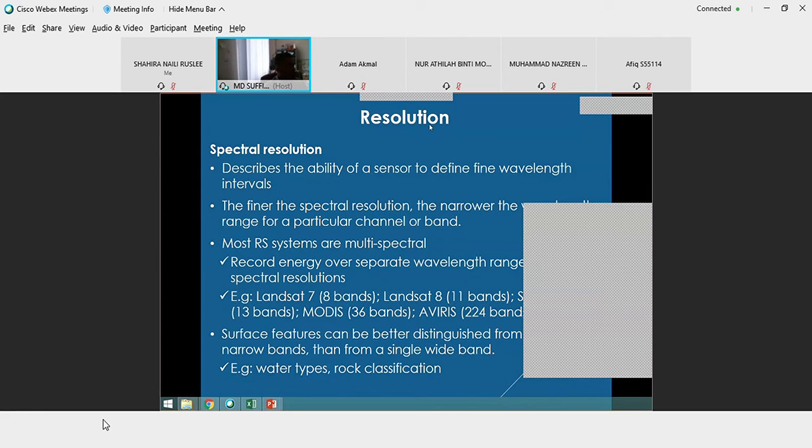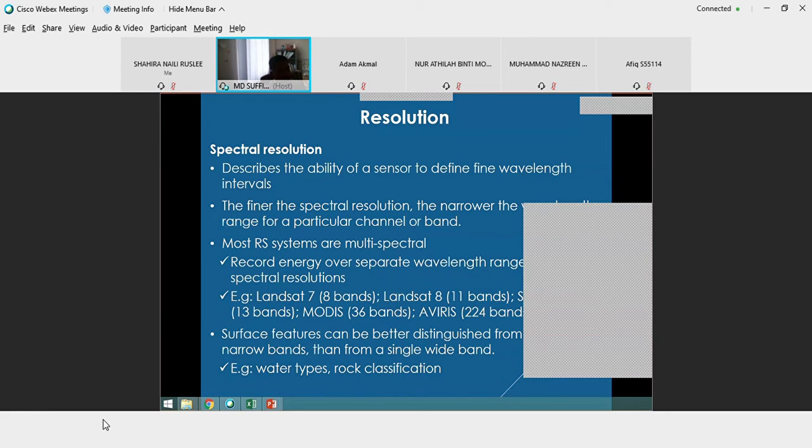So kita sambung resolution. Spectral resolution describes the ability of a sensor to define fine wavelength interval. You know about the band or channel. Band or channel consists of the spectral range, for example blue band.